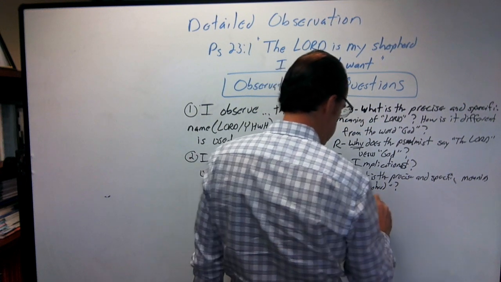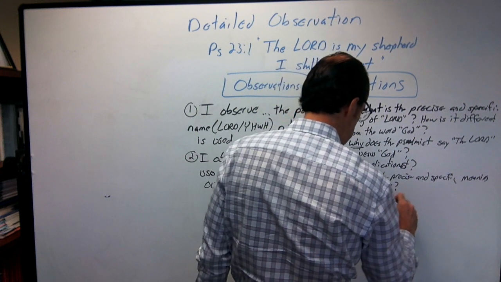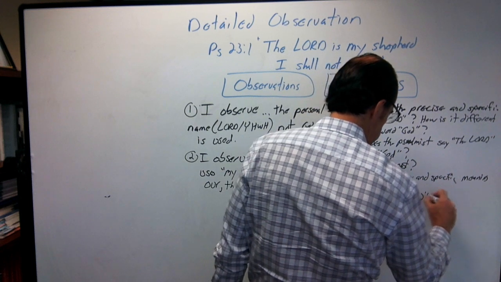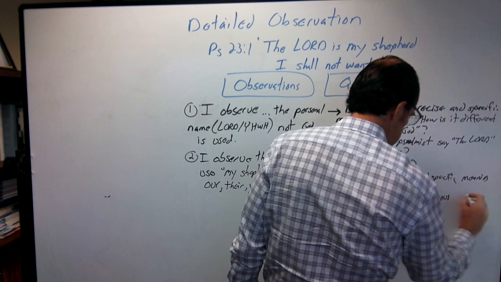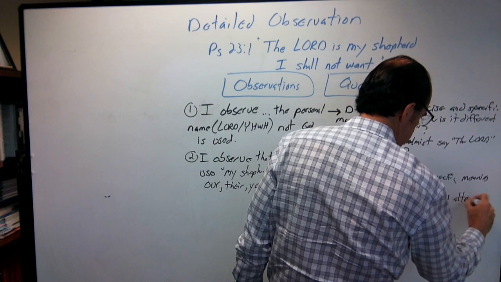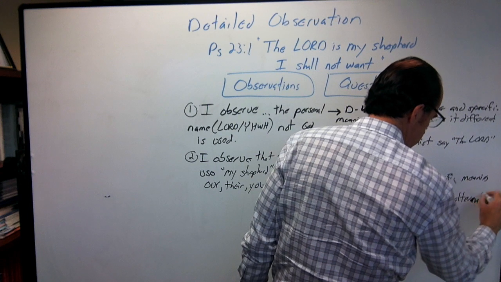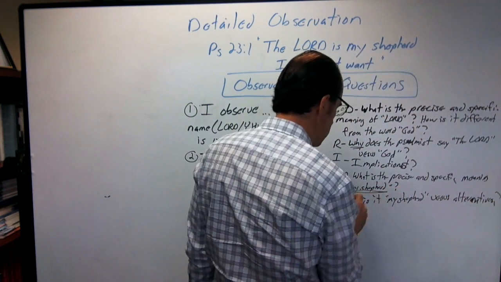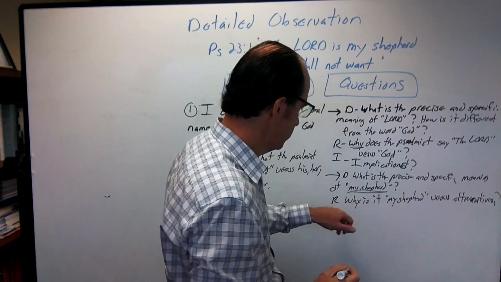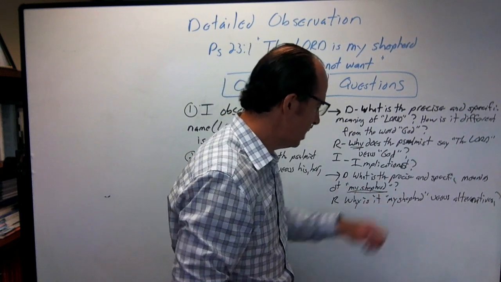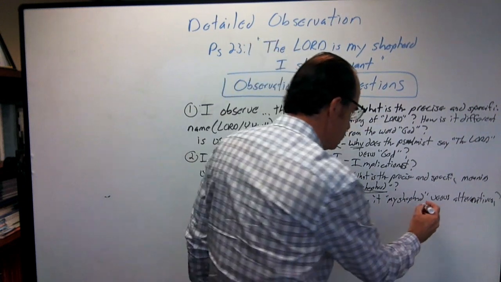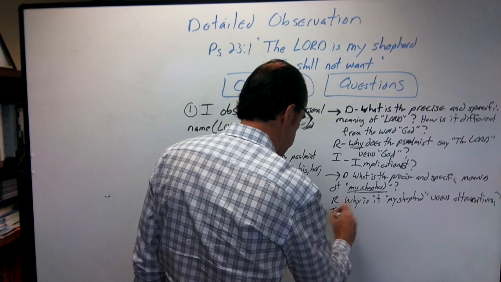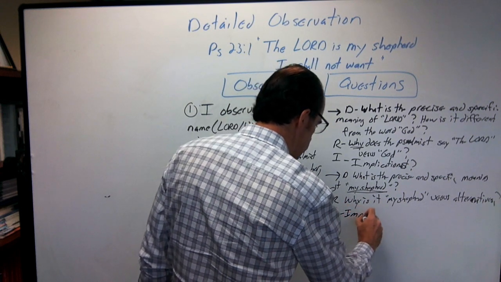Why is it my shepherd versus alternatives? And that would be things like, again, your, without having to write all these out again. So again, we're trying to get at what's the meaning of my shepherd, the precise and specific, then why is my shepherd used versus alternatives. And then again, implications would be just implications.